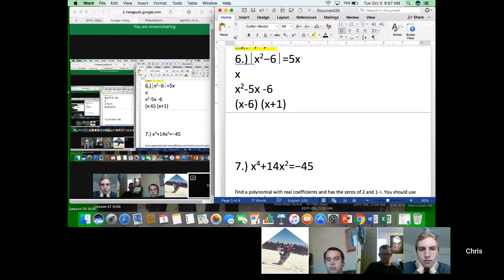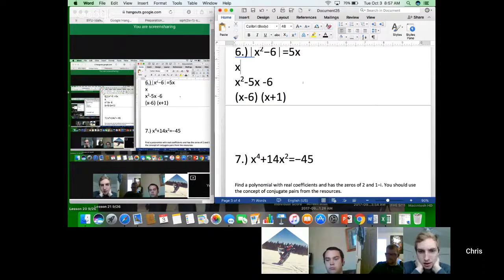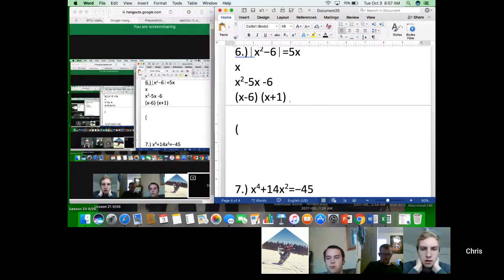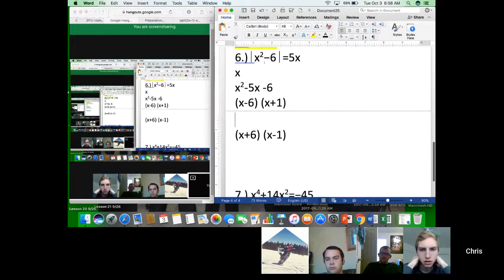It's pretty easy because you just swap the signs around. So for this possibility, just swap these 2 signs around to get your other positive or negative outcome from the absolute value.